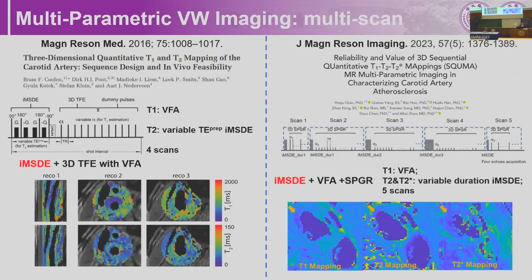But recently, a lot of people found that we can do multi-parametric vessel wall imaging rather than using multi-contrast, multi-scan. In these two works, they use MSDE and variable flip angle to quantify T1 and T2 at the same time, or T1 and T2 star at the same time.